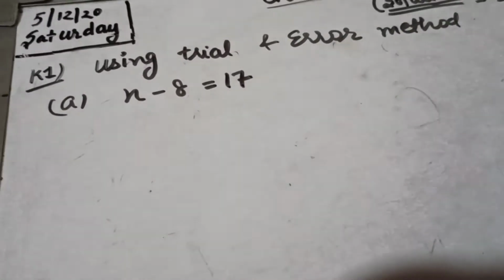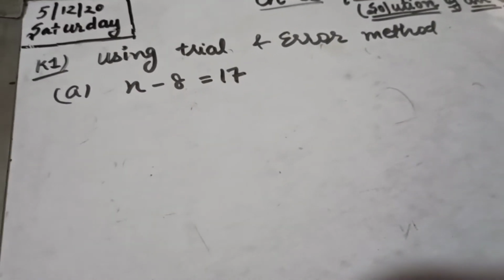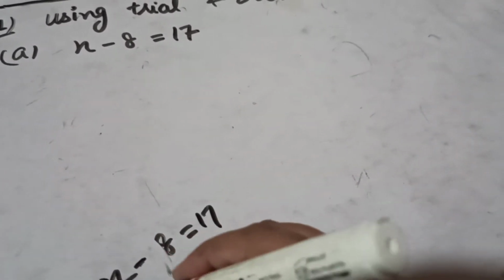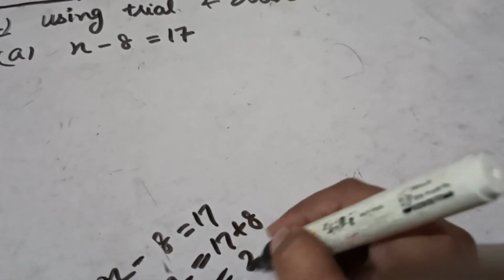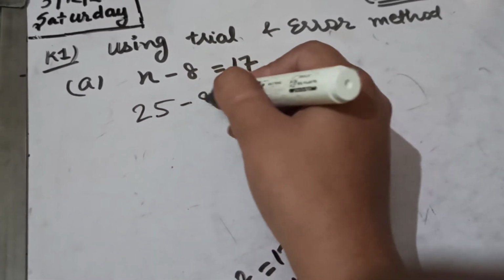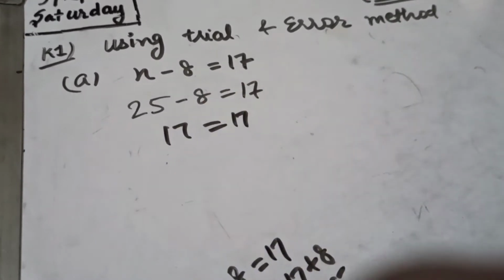What do I have to do? See, for trial and error, what is the best method? What we did in transposition, you will do it roughly, not in the fair copy. x minus 8 equals 17, x equals, this 8 goes to that side, 25. So if I put 25 minus 8 equals 17, and this is equal to 17 and 17.